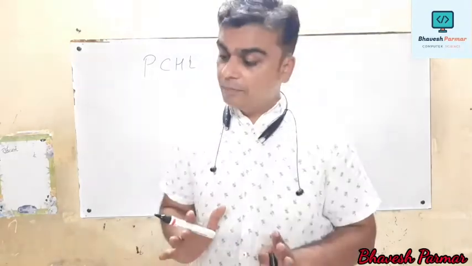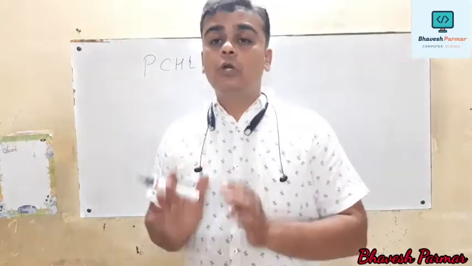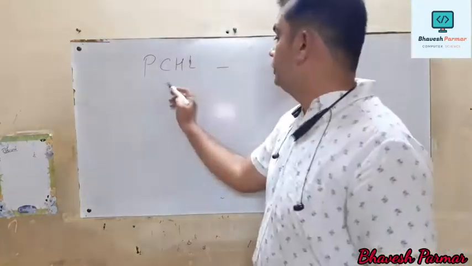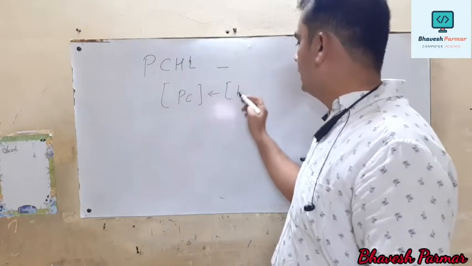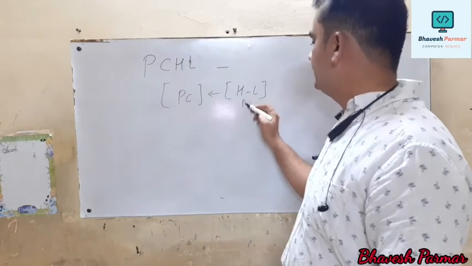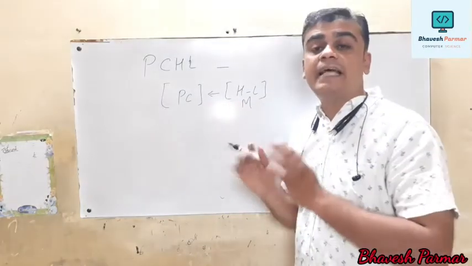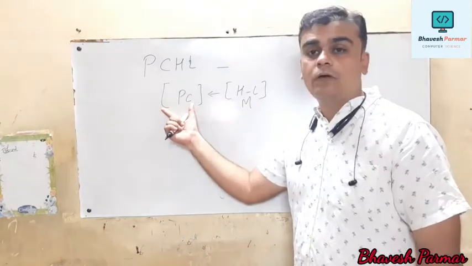Load program counter with HL pair. PCHL stands for load program counter with HL pair. Means what you have to do? You just write content of PC arrow content of HL. So HL is nothing but memory, whatever the memory content is there, means address. So that address you are going to store in the program counter.